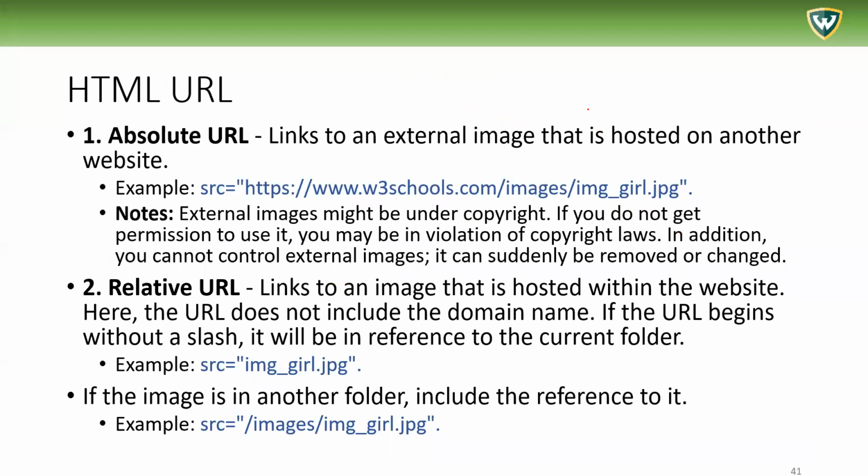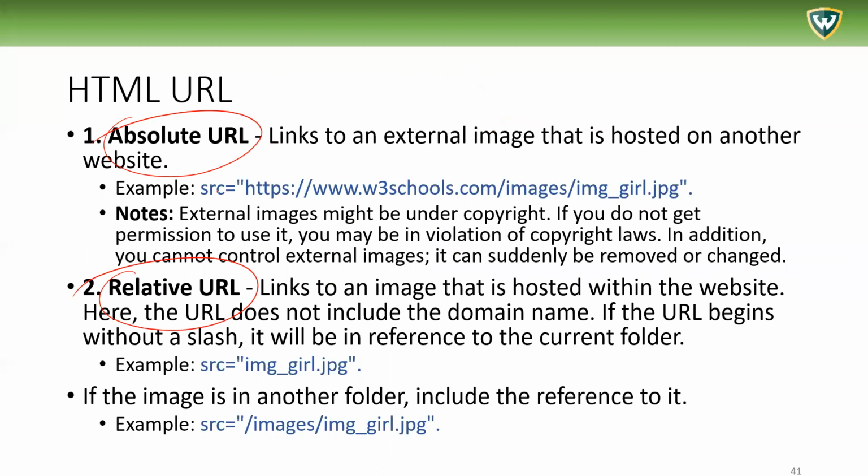Let's talk a little bit about the HTML URL. There are two kinds of URLs that we can use within the HTML site. We can use the absolute URL and we can use the relative URL. The absolute URL links to an external image that is hosted on another website.